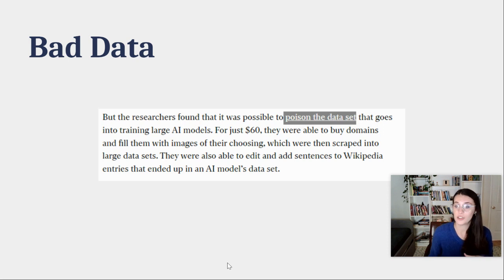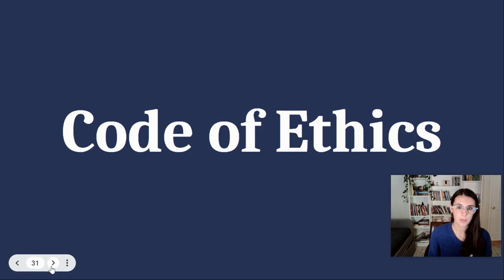So making sure students understand those larger consequences and understanding that data sets aren't just data sets. They're also social media comments, right? They are a part of the data sets that AI is using. All of this concludes in a code of ethics.